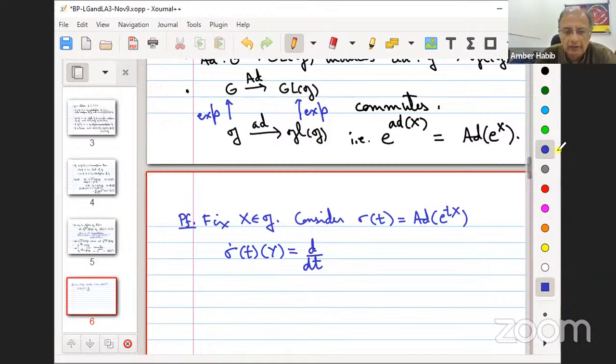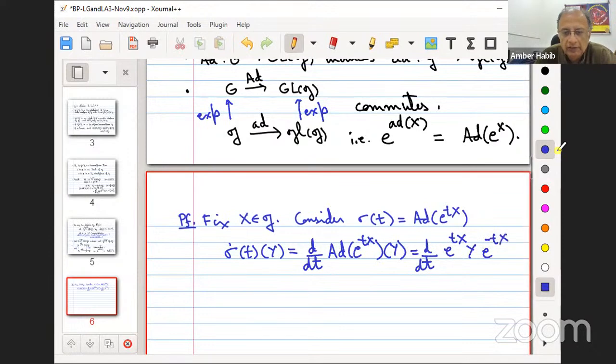Okay, so we'll differentiate sigma t of y, which means I'll differentiate Ad of e^{tx} y. Then you have to remember what is this Ad? It is conjugation. So this is e^{tx} y e^{-tx}.